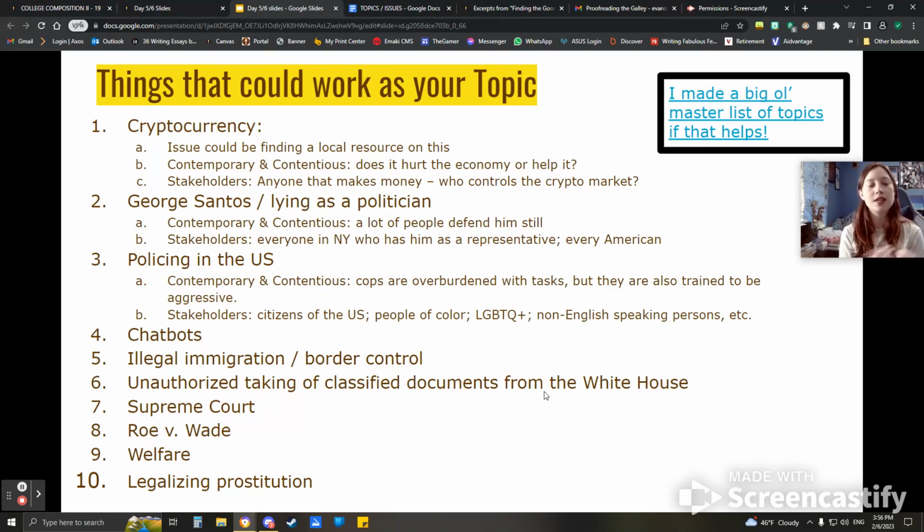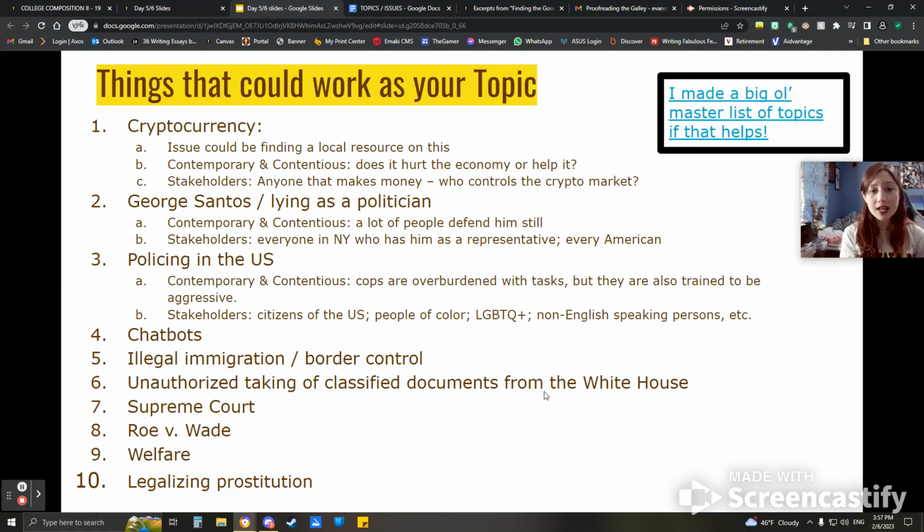That's some of the issues with some of the topics, is that you need to ask the right question. If you just asked, what is cryptocurrency, that's obviously not an argument. But if you were trying to determine if it helps the economy or hurts the economy, if it is an accessible means of currency, then that would make it contemporary and contentious.